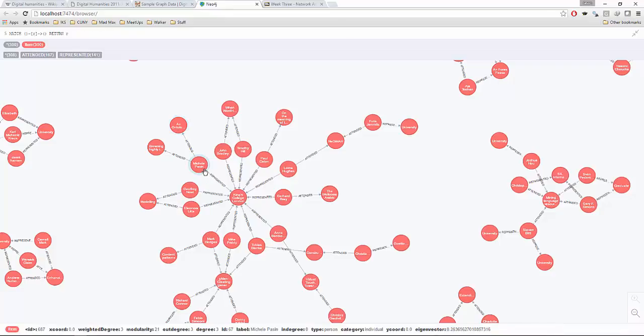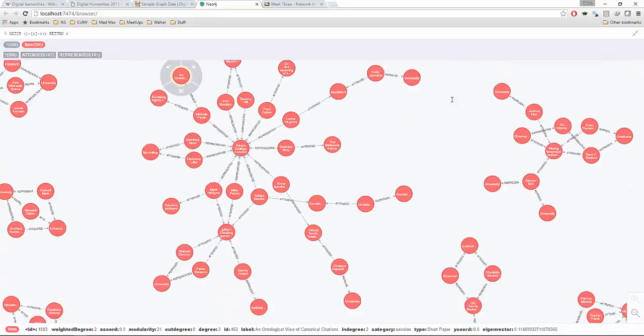For example, Michelle Passin would have attended a session, and within the relationship I showed which universities they represented. All the individuals here represented King's College London.